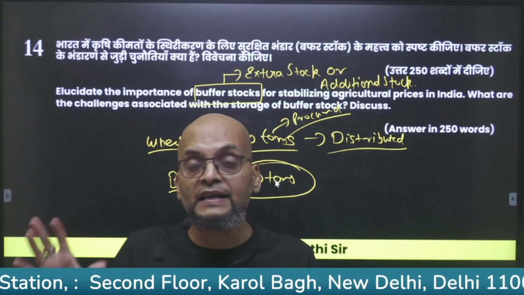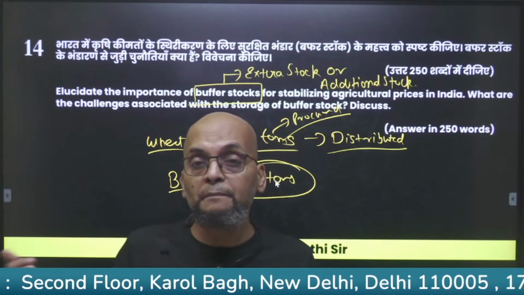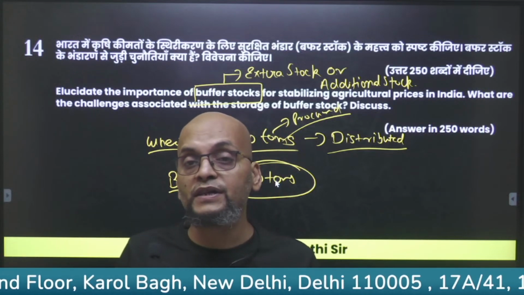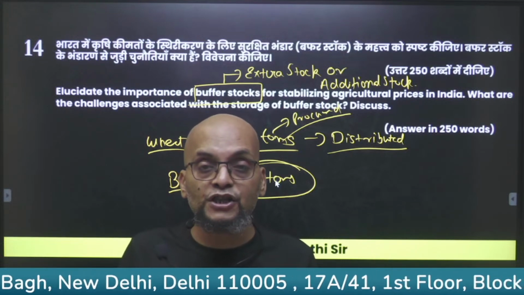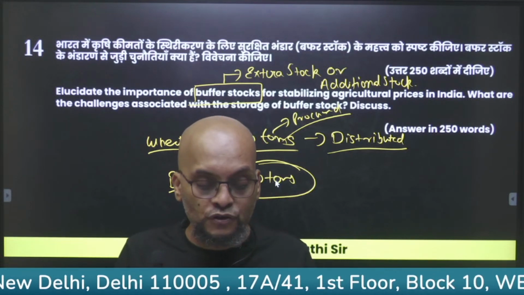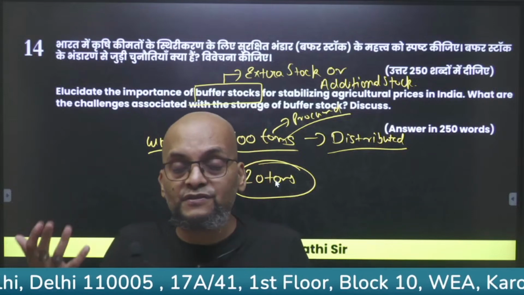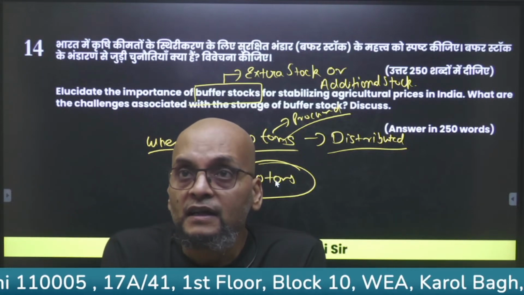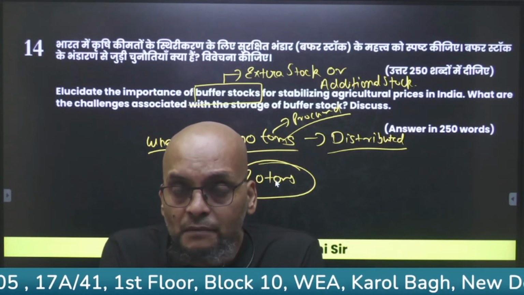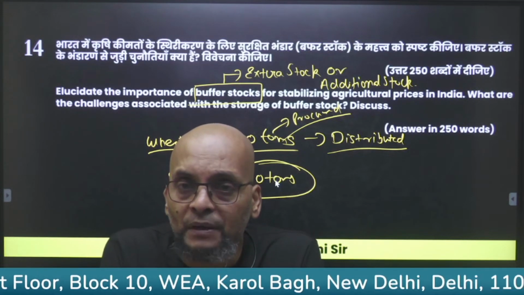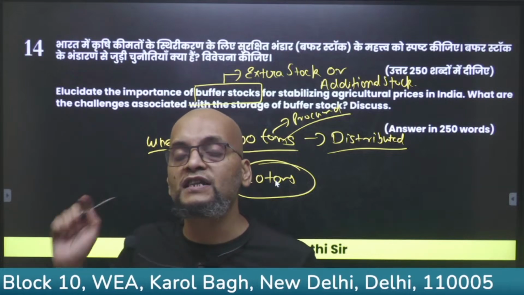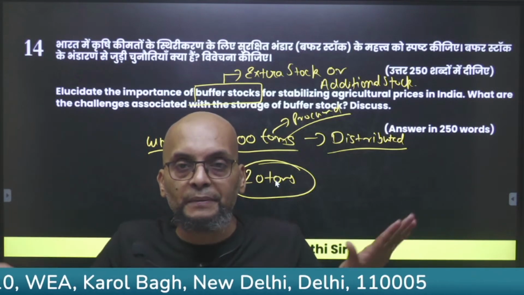There are high heat wave patterns being observed in the past couple of years. That is damaging the agriculture, the agricultural produce. If such a thing happens, then production is low. So how will you feed the people? Then also government will use this buffer stock so that there can be stabilization.